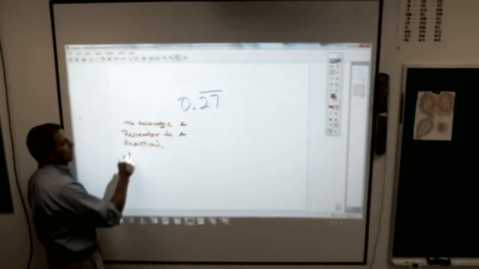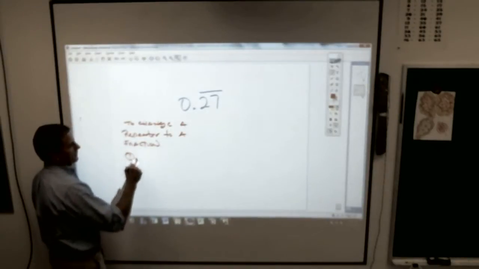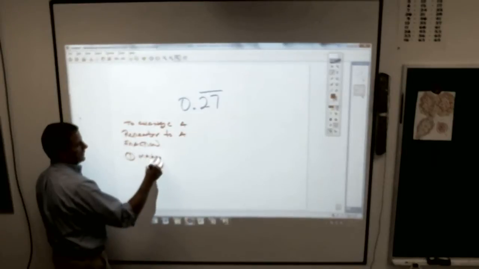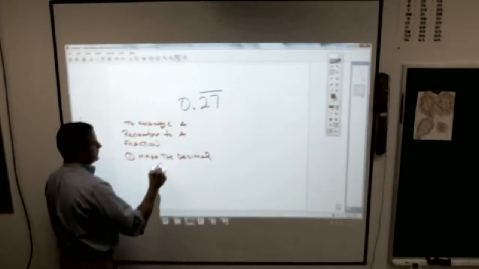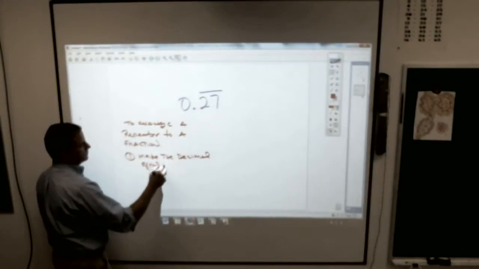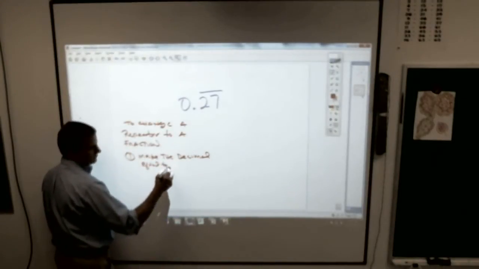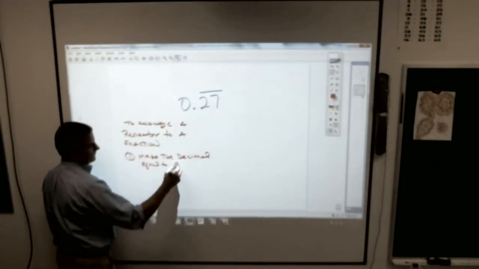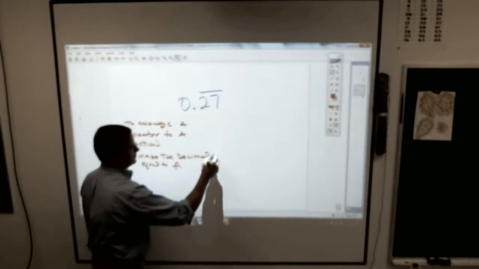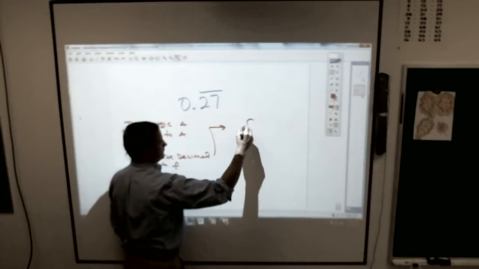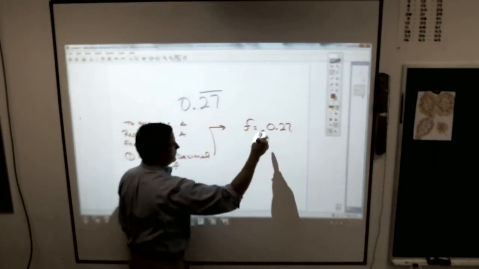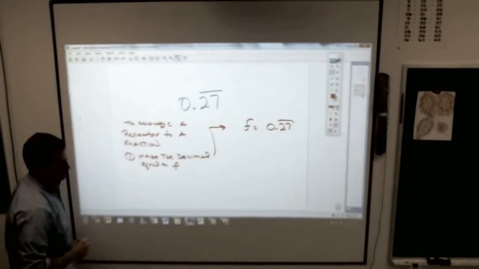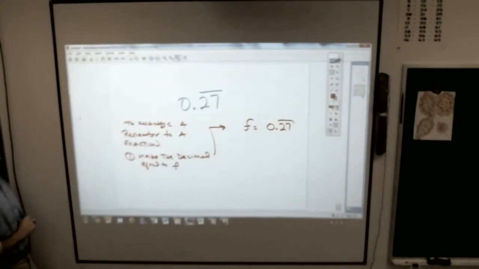Step number 1: make the decimal equal to F. It's any variable. So you write F equals 0.27 repeater. Not a hard step, is it? There's no thinking there, you just do that.